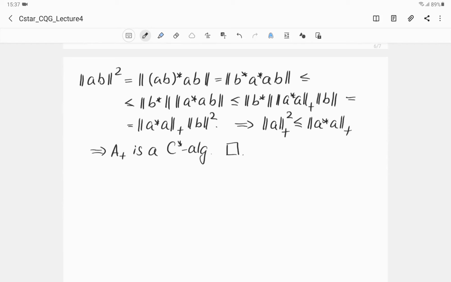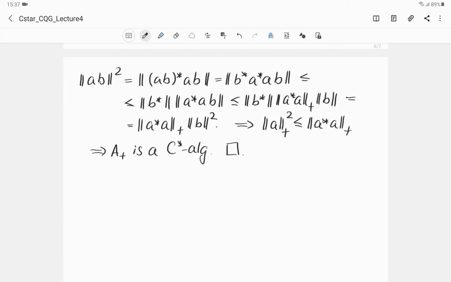In other words, if a C-star norm on a star algebra exists, then it is unique. And so this implies that the unitization of a C-star algebra is unique. That is the only possible way to define a C-star norm on the unitization of a C-star algebra.